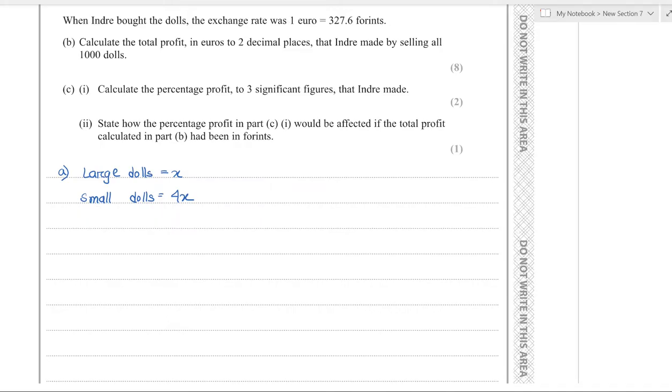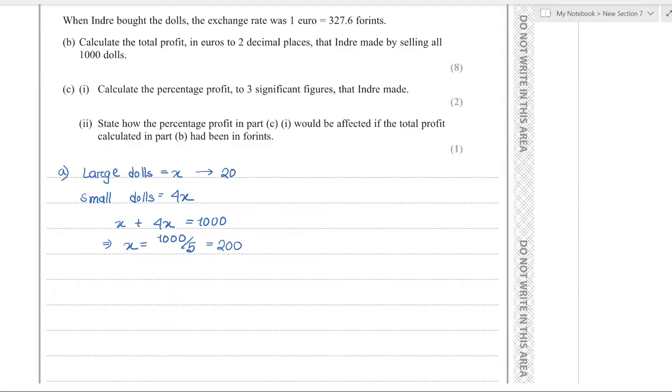Now you can find the number of dolls by making an equation: large dolls plus small dolls equals 1,000, because at the end of the day she bought 1,000 dolls altogether. So you have 5x equals 1,000, so x would become 1,000 over 5. So the value for x is 200. That means she bought 200 large dolls, and 4 times 200 is 800 small dolls.